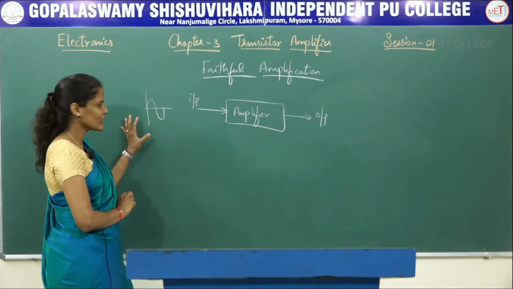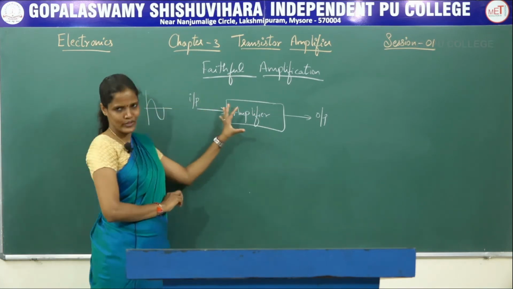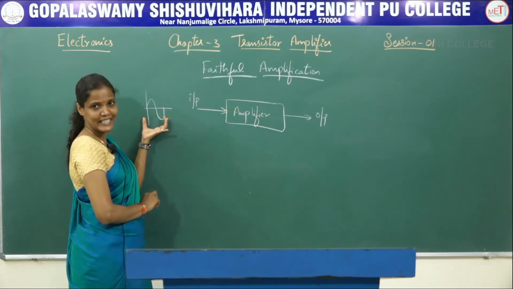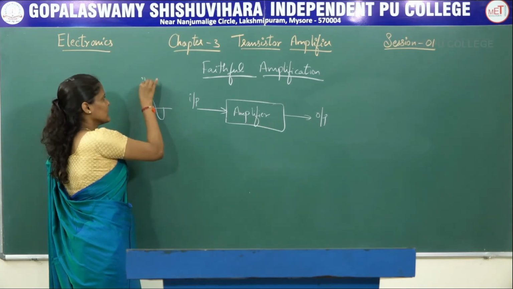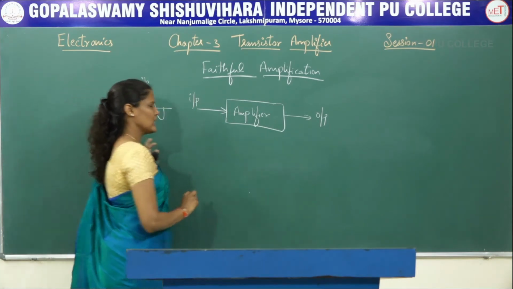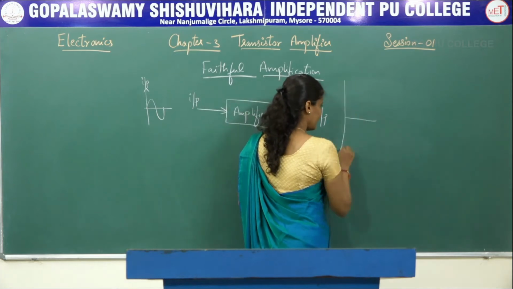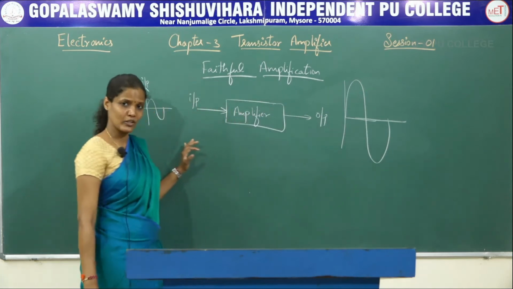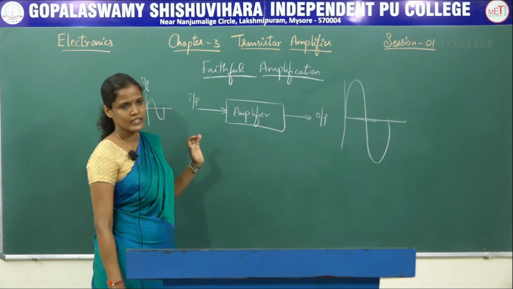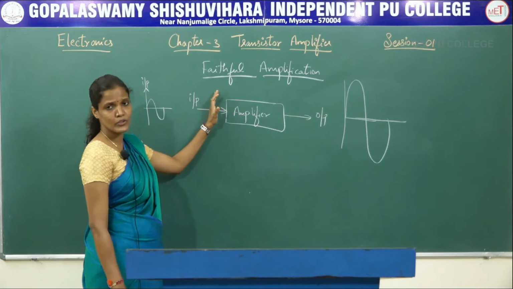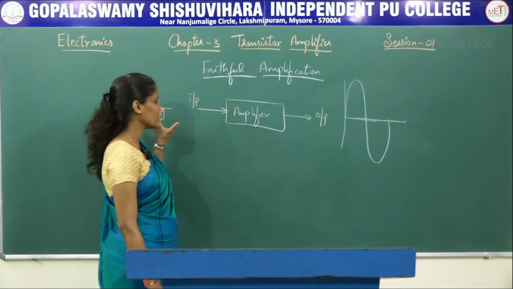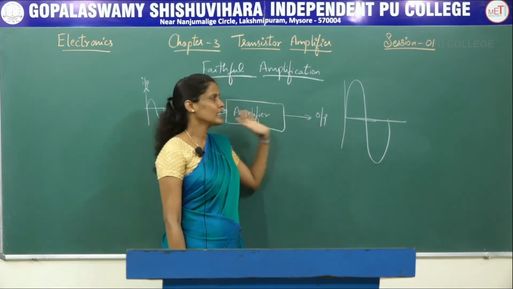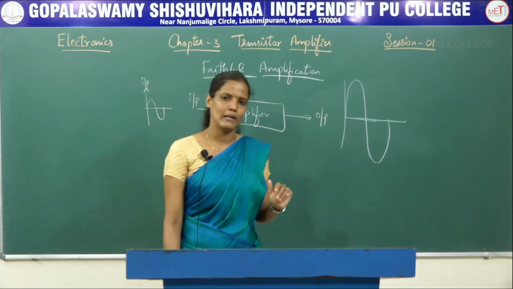This is the input signal that I am giving as input for this amplifier circuit. As soon as I apply this signal as input for the amplifier circuit, I have to get the amplified version of this input signal, but the shape of the signal must not change. So faithful amplification is the process of increasing the strength of the input signal without change in the shape of the signal. That is what is called faithful amplification.